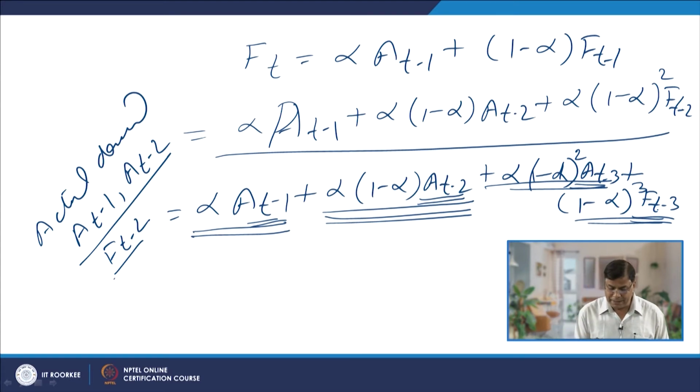Let us assume alpha is 0.2. How much weightage are we actually giving? Here alpha is equal to 0.2.